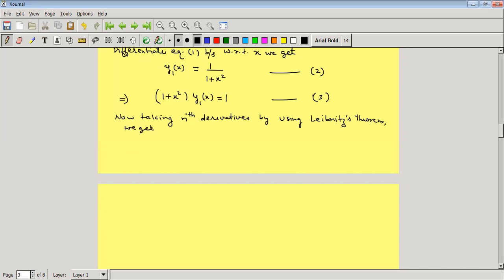now we can apply Leibnitz's theorem. We take y1(x) to be the first function u, and 1 plus x square to be v.